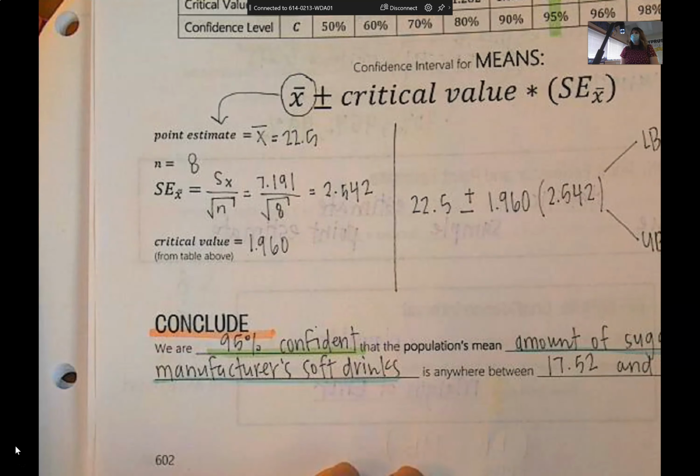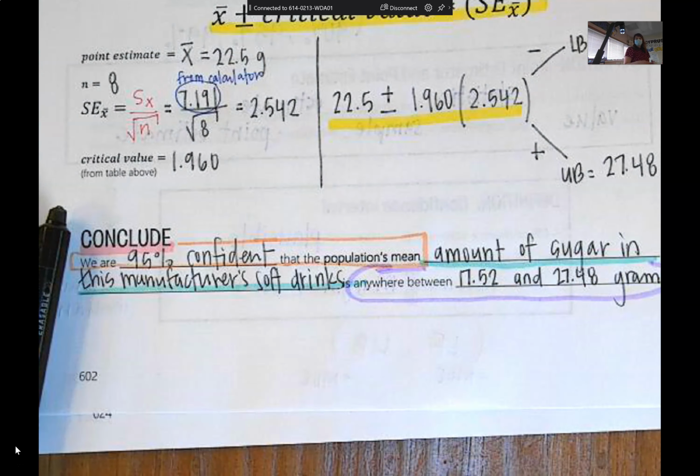Okay, so you guys try to do your conclude without me. And you're following the 3 parts of your conclusion. We are 96% confident that the population's mean. Copy down that same sentence you've been using, and then end with your confidence interval.